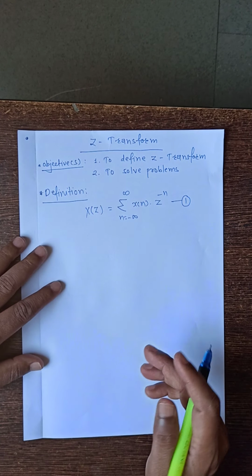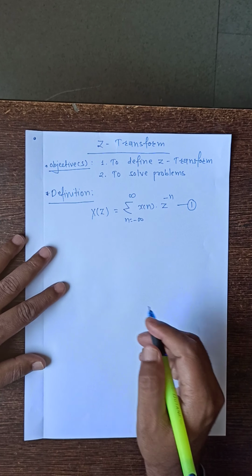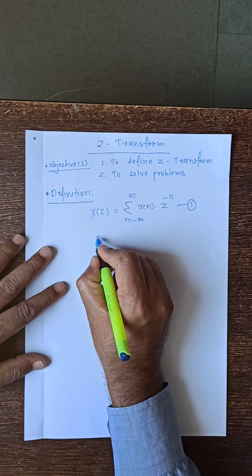So z is again a complex quantity, like s we have seen in the Laplace transform.